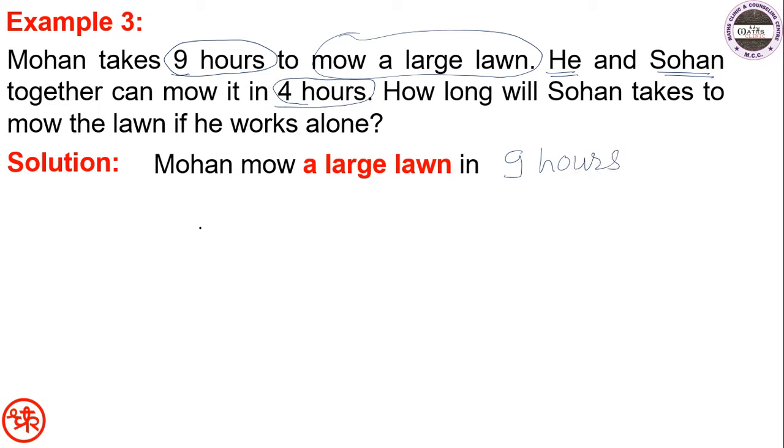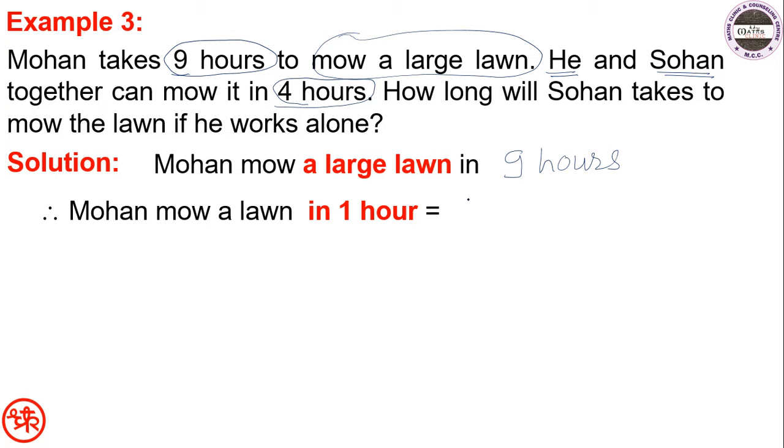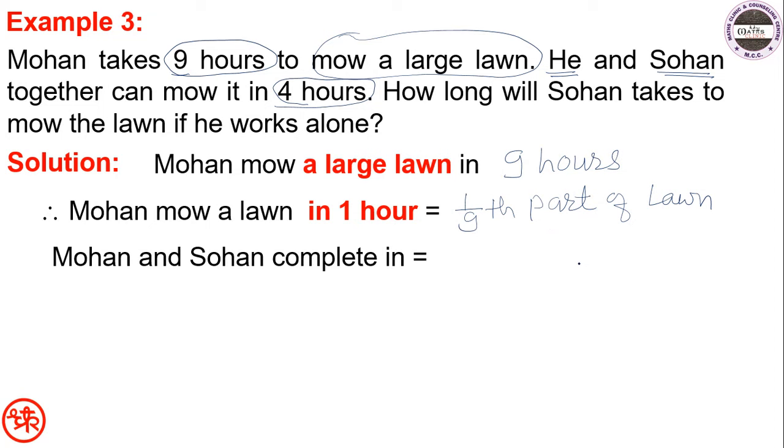Is that clear? Now, Mohan mows the lawn in 1 hour is 1 by ninth part of the lawn. Okay, is that clear? Mohan and Sohan complete in how many hours?